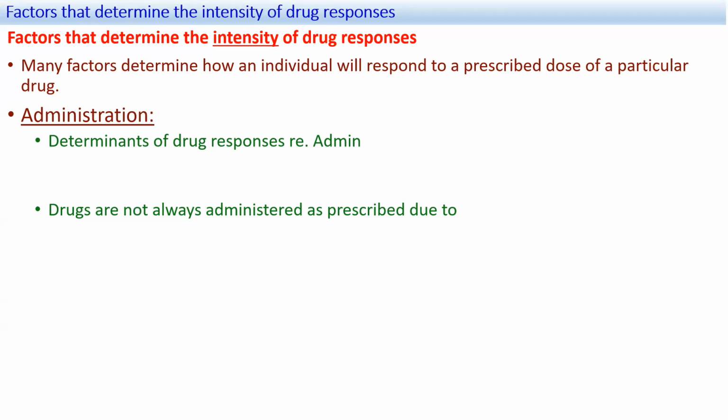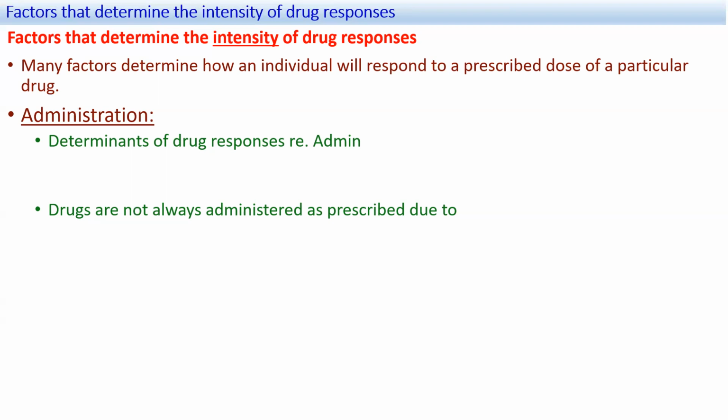Another reason is the patient's adherence. Most of the time, patients with chronic illness will be on their own at home, or in a nursing home, long-term facility, or assisted living facility. They will be taking the drug on their own, so they are responsible for taking these drugs. And for some reason, the patient either took a double dose or did not take the drug for a few days.